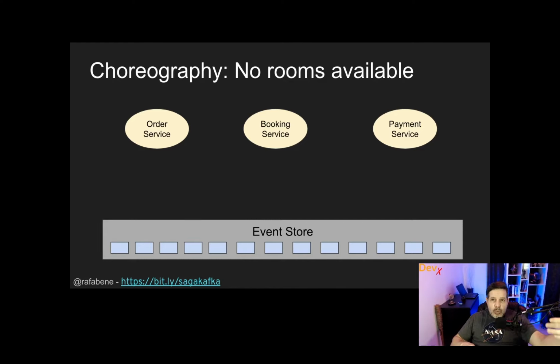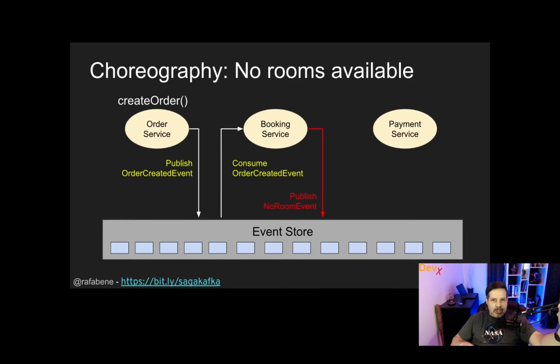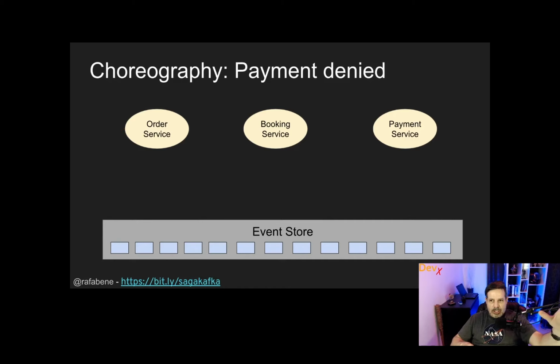Now, in the case of no rooms available, we publish the order and we try to book the room. There is no room available, so the booking service publishes a no room event. In that case, the order service needs to call its compensating transaction. It will consume the no room event. Payment was never called.